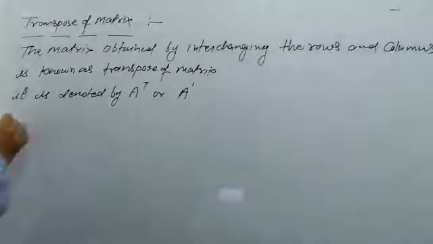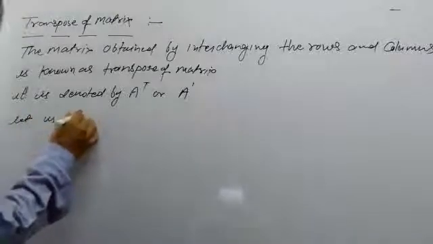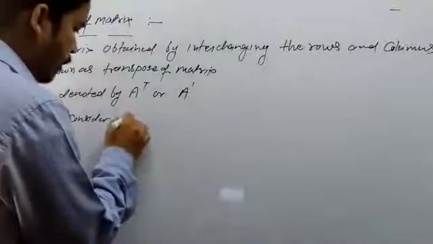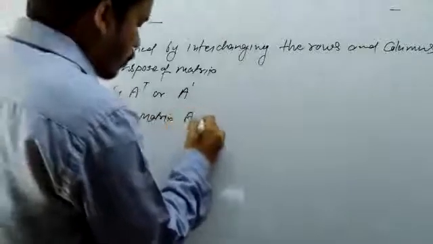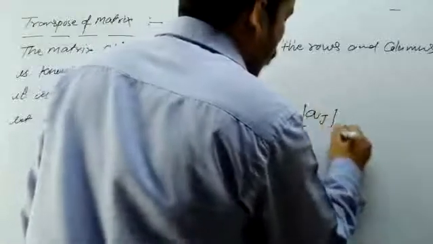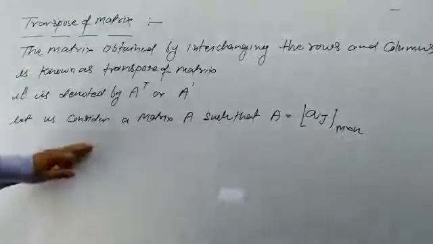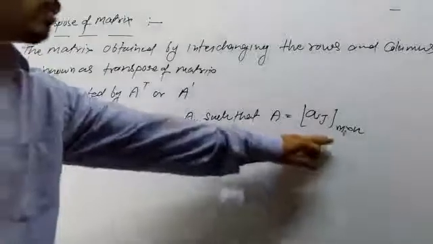Let us consider an example. Let us consider a matrix A such that A is equal to [a_ij] of order m cross n.